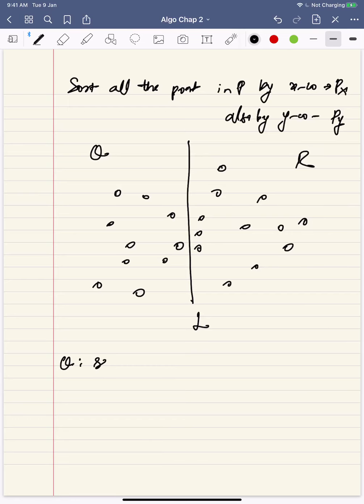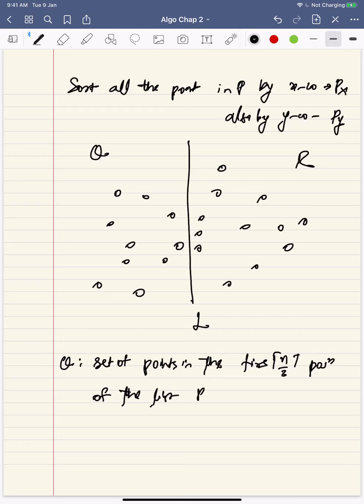Q is the set of points in the first n by 2 positions of the list. Here I am dividing them as per their x coordinates, so in the list Px, Q is the left half.